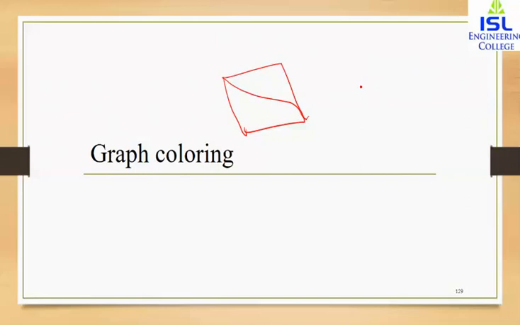That is why adjacent or neighboring states should not have the same color. But also, suppose we have hundreds of states, we can't use hundreds of different colors.